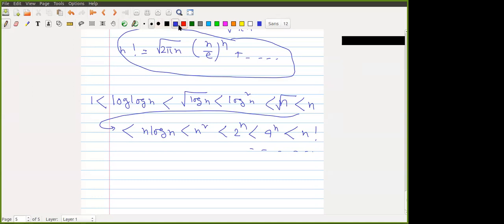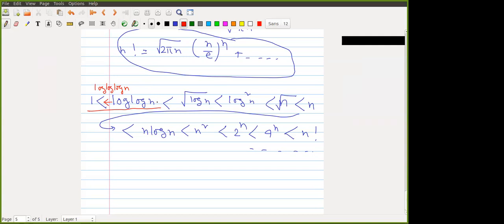Now, there are a couple of interesting things to note. Here I am writing log n, but before that there can be other functions too. Hello? Yes, sir, understood.